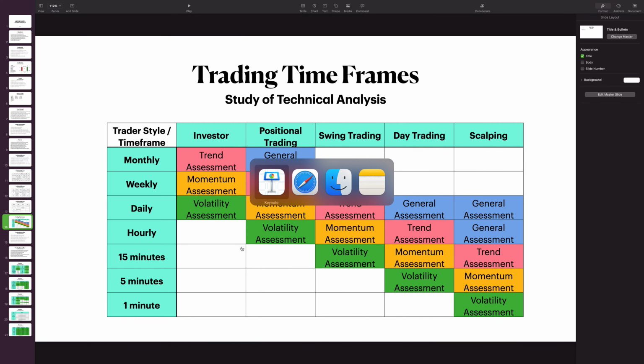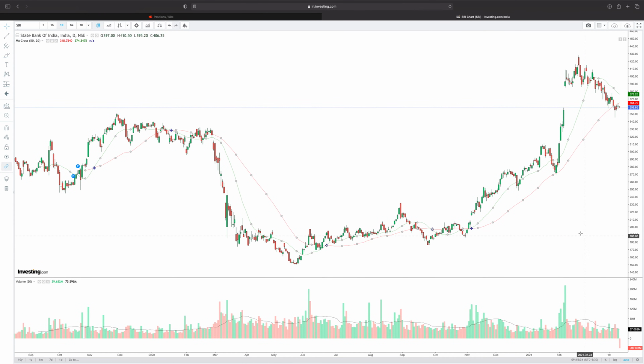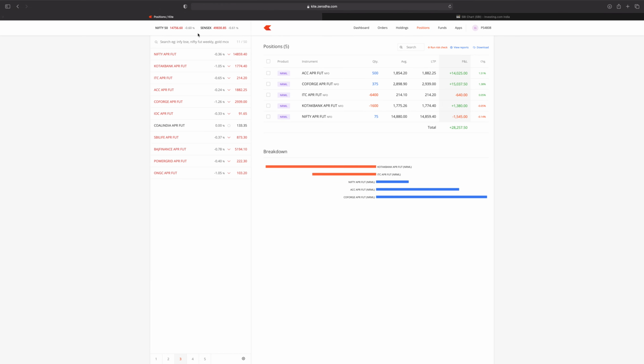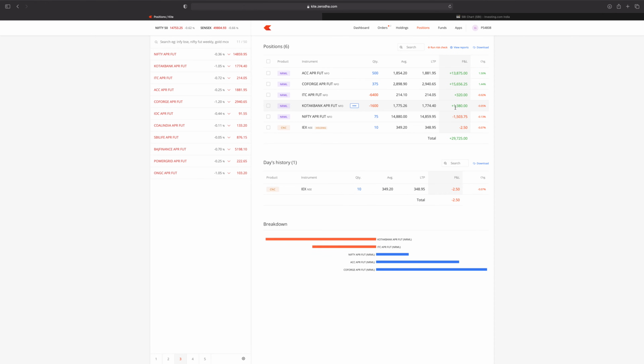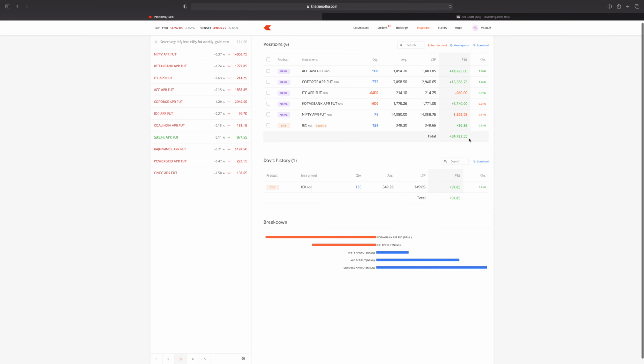Okay, the market has opened. Let's have a look. It looks like the fall in Kotak has, okay, we are getting traded in. We have already bought into a stock. It looks like the fall in Kotak has supported the price for us at the moment, but all of these things can change very quickly.